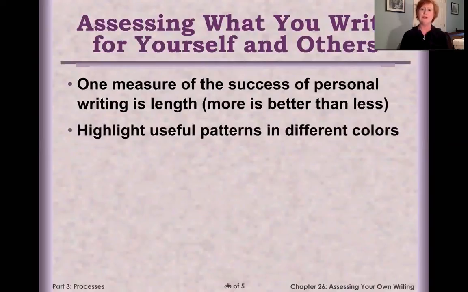If you're interested in looking at your writing and making sure that your essay possesses all of the things that it should, it would be very helpful to print out a copy of your paper so that you could highlight useful patterns in different colors. If you want to simply see if you have the basic structure of the essay, you could highlight topic sentences in blue, transition sentences in yellow, and claim statements in orange.